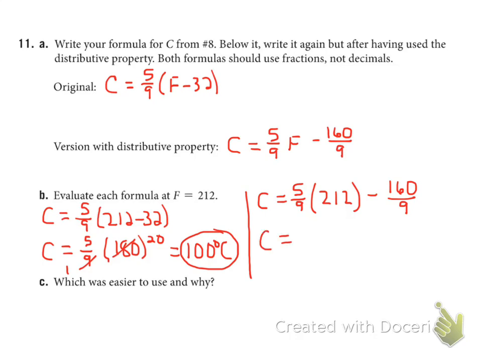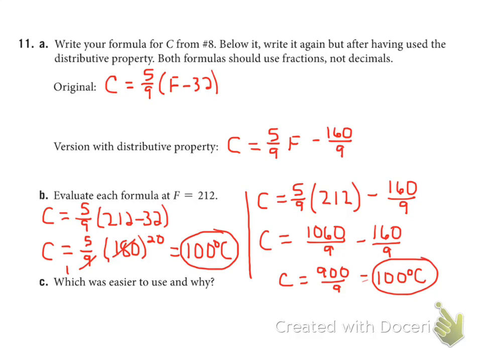What is 5 times 212? 1060 over 9 minus 160 over 9. So now we can subtract those numerators. What did you get? 900 over 9, which does work nicely. That's also 100 degrees Celsius. Do you have any questions on part B?